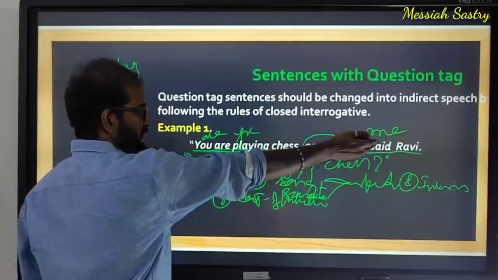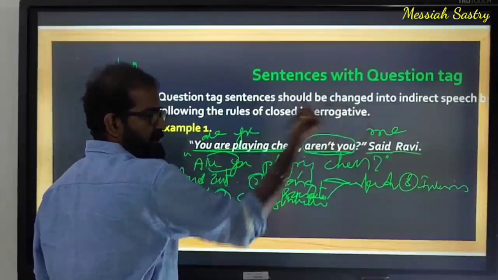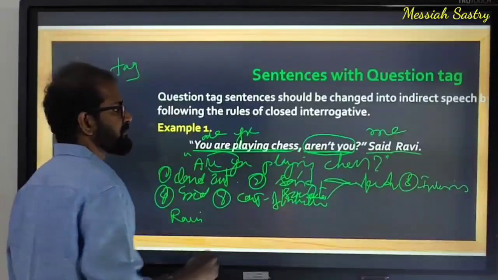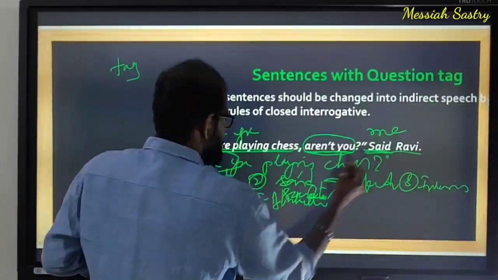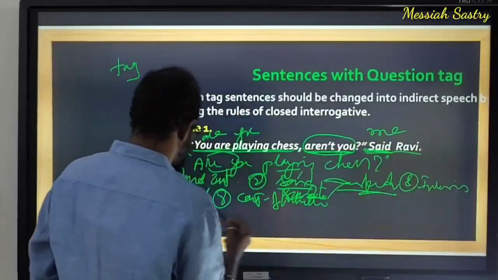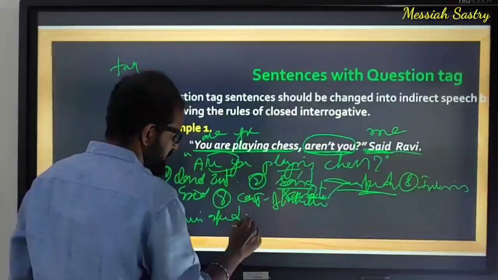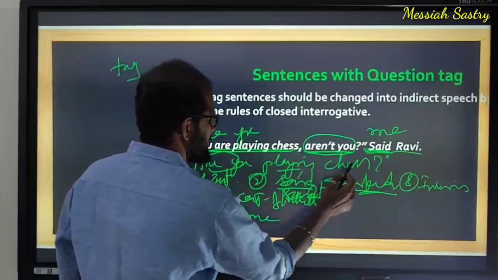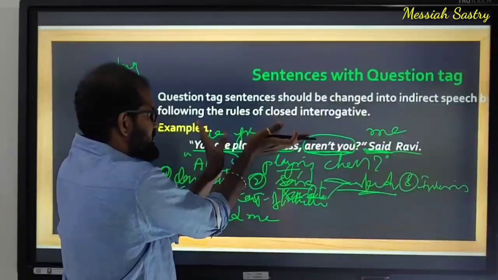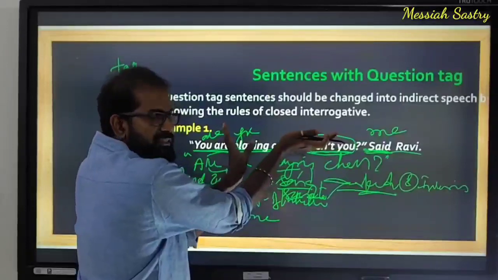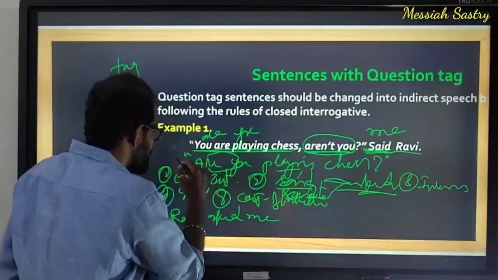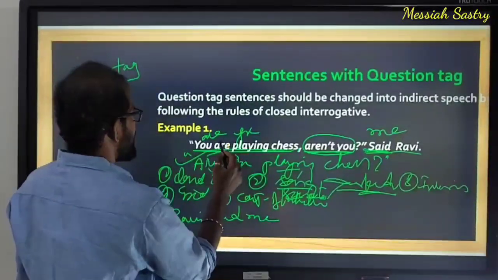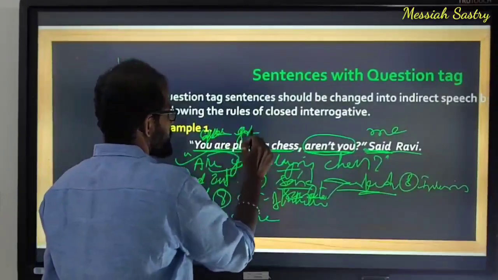So let us change into indirect speech. Always start indirect speech with the reporting clause. Ravi asked me, said or said to changes to asked. Ravi asked me, are you playing chess? Don't worry about the given sentence. We just converted the question tag sentence into a closed interrogative sentence. There is an inversion, no? U comes here and R goes there.